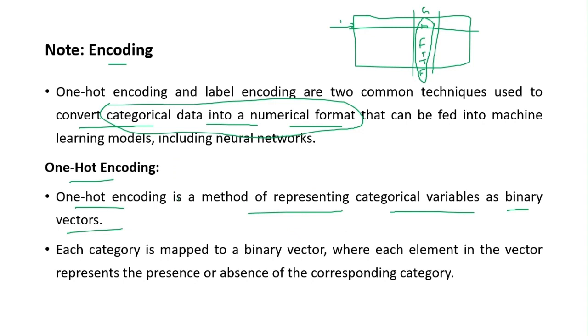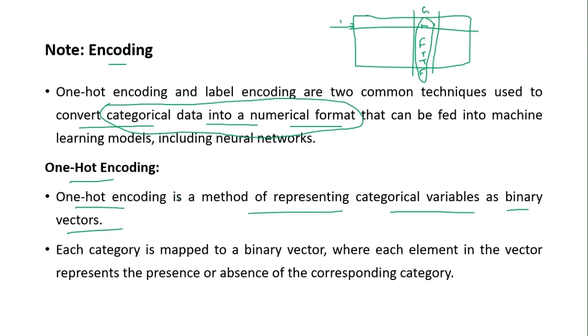Now, as a summary, encoding means converting categorical values into numerical digits. There are two major methods: one hot encoding and label encoding.